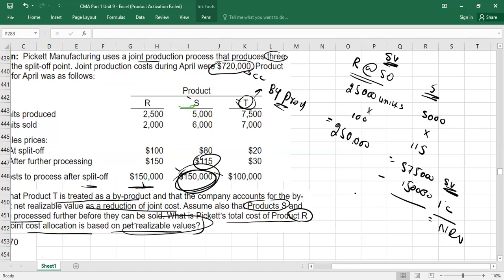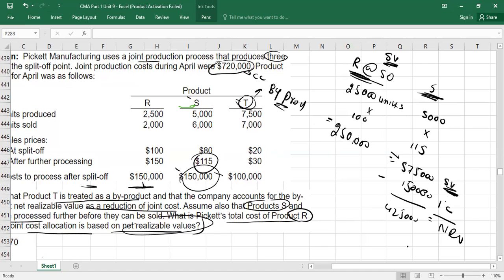It will be 425,000. I got NRV. For product R, we don't need NRV because it is not going to be processed further. But product S, because it is going to process further, I'll use this sale value after processing. So my total sale value how much? 575. From there I'll deduct incidental cost to get NRV.